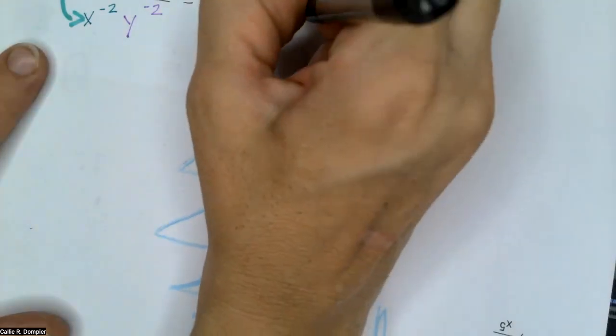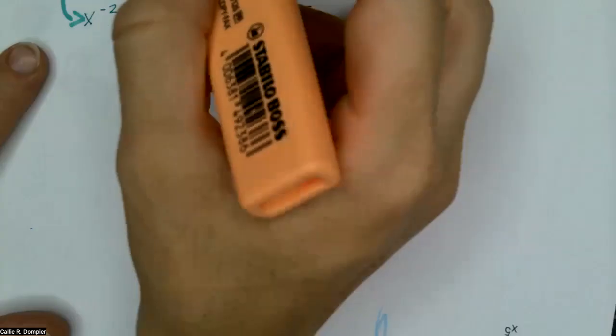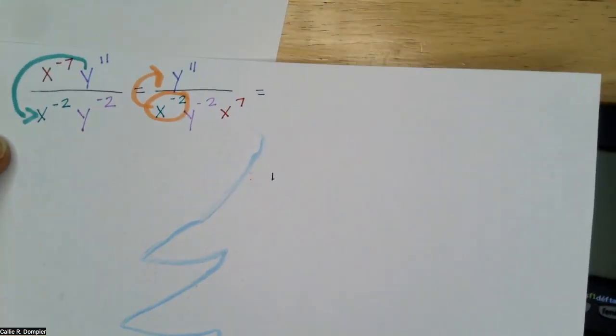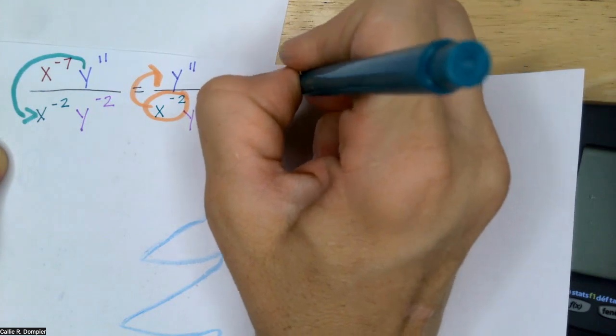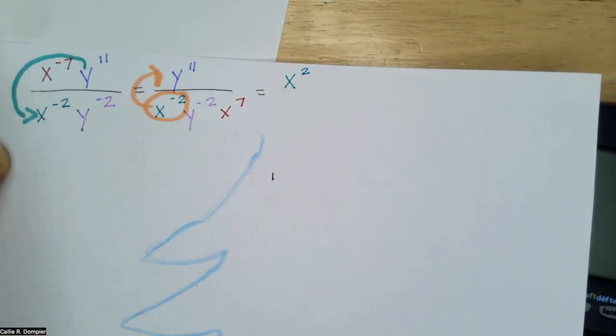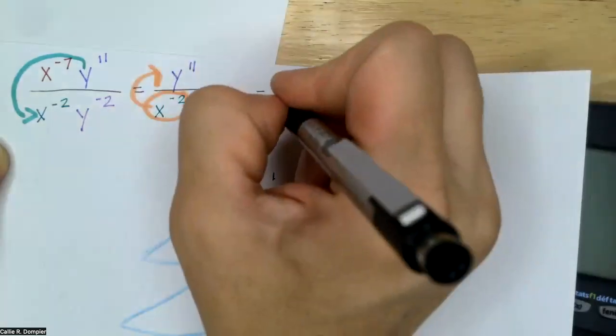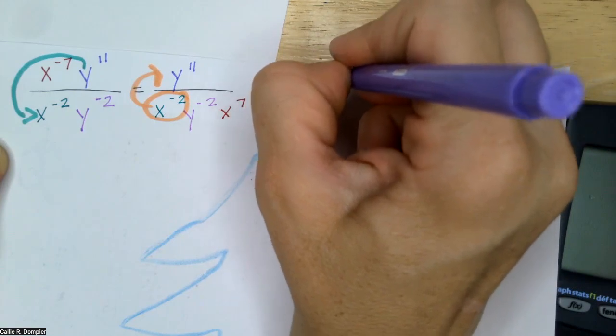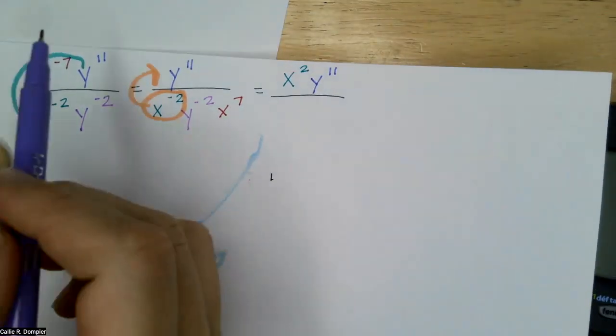Halfway there. Move whichever one you want to next. Oh, sorry, couldn't see that. Good. All right, now we get, it was a negative, now it's a positive. Y to the 11th. Because it's just been up there the whole time.